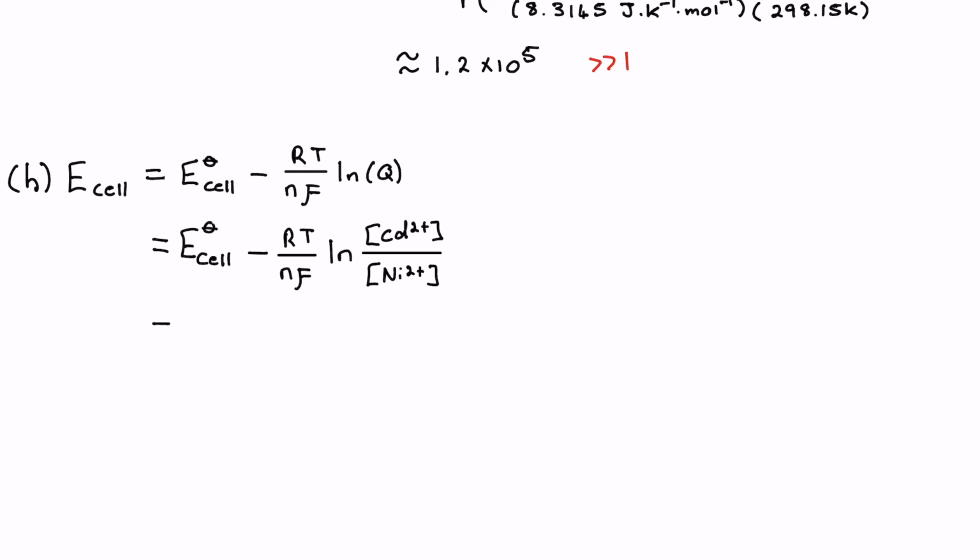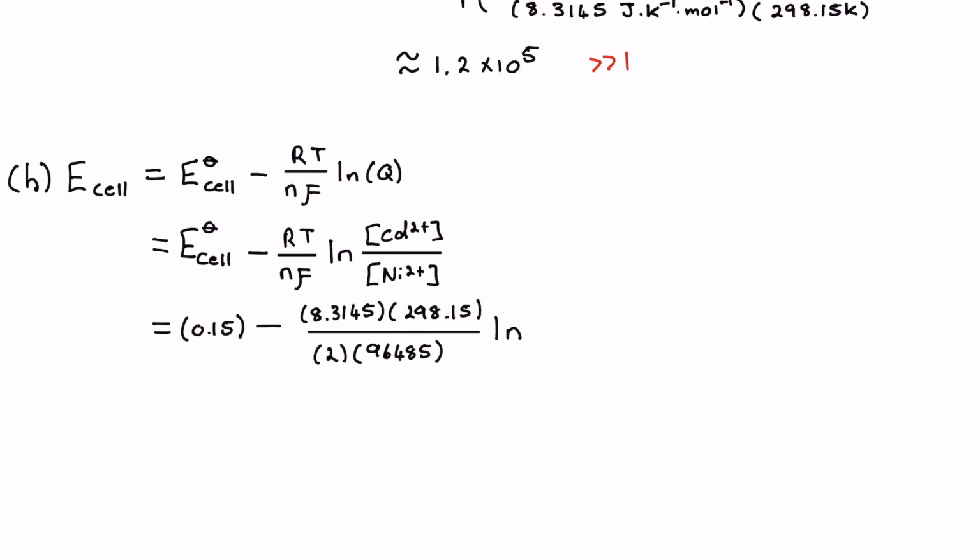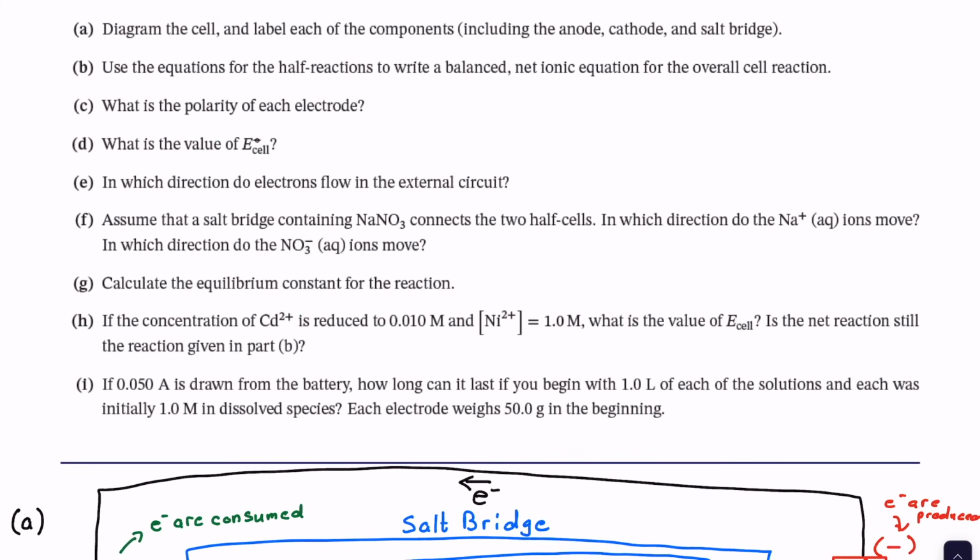So E naught cell we've calculated as 0.15, minus R, which is 8.3145 joule per Kelvin per mole, T is 298.15, n is of course the number of mole of electrons transferred, that's 2, and F is 96485 coulomb per mole electrons. And then ln of Q, so those are the values that we're given.